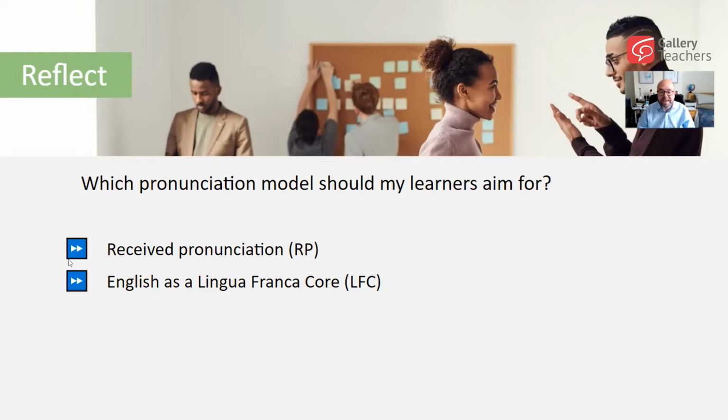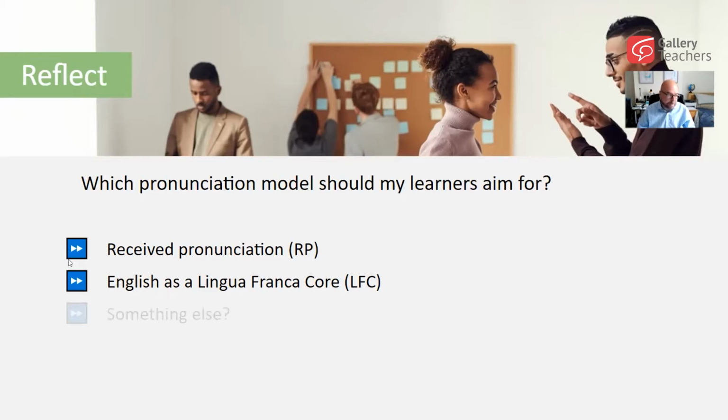So if we're using English as a contact language, for example a Chinese learner speaking to a German learner, or indeed in the business context, an Italian business person speaking to someone from Russia, then this Lingua Franca core tends to emerge quite naturally.